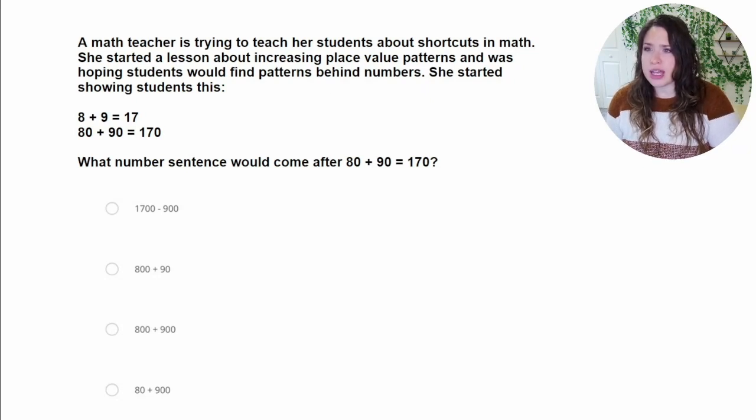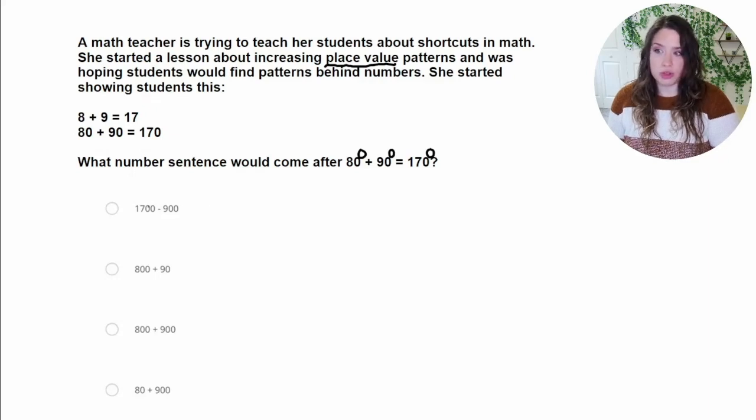So the key point here is that we are working with place value, and we know that place value is in multiples of 10. So we want to make sure that we are evenly distributing that place value of 10, which is essentially adding an extra zero on to every single term here. So when we look at the options, this first one is changing up the equation altogether.